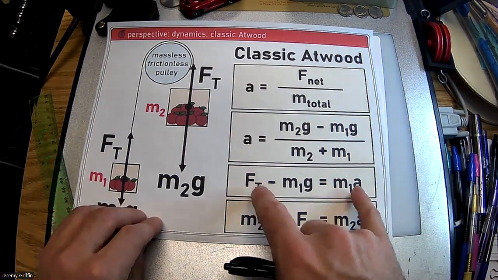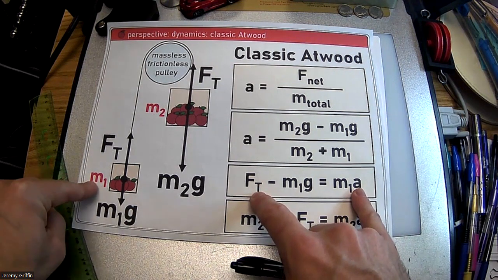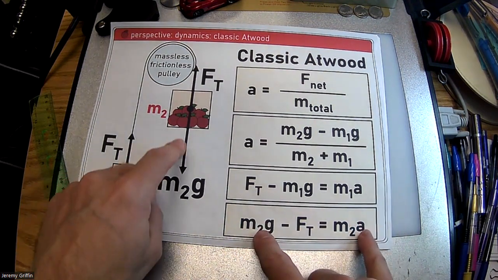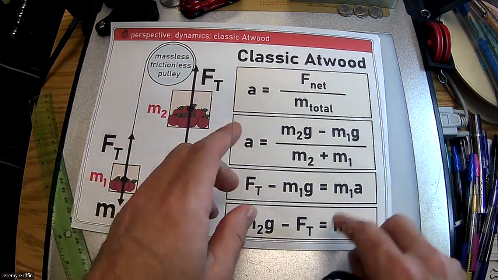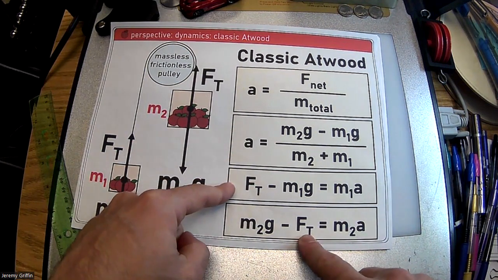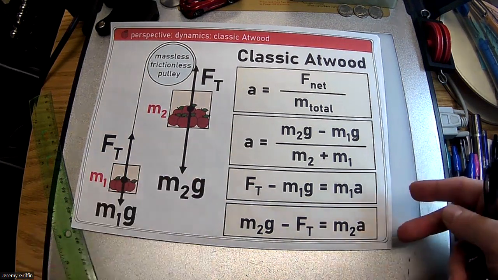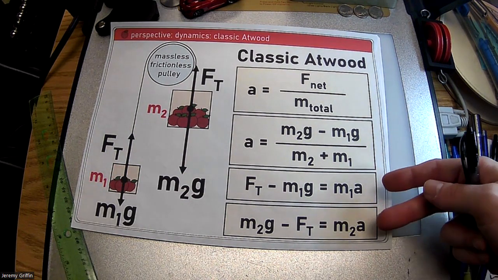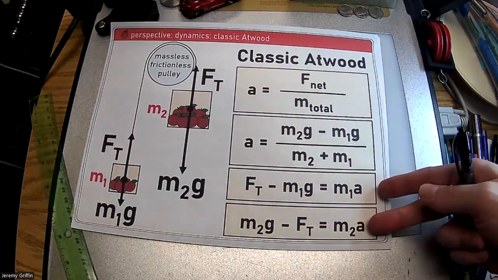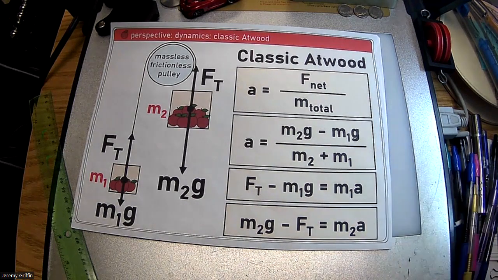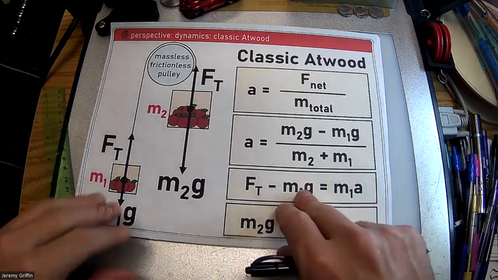Here's Newton's second law of motion applied only to mass 1. Here's the second law applied only to mass 2. You wouldn't need both of them, but either one could solve for tension. Although it's possible that you go to college and your college instructor actually starts with these two bottom boxes as a system of equations. A lot of teachers actually do that. Okay? All right.